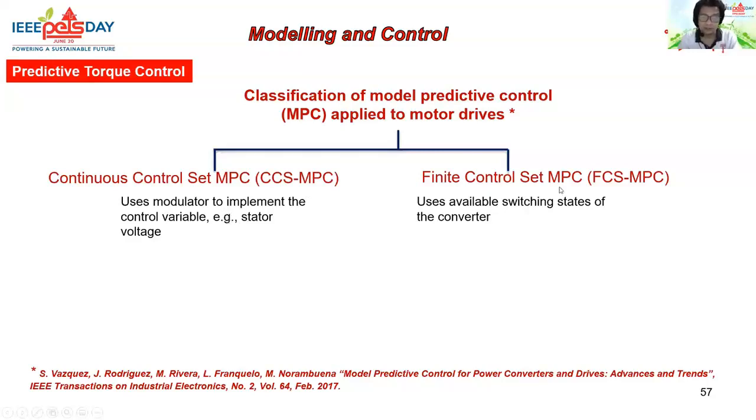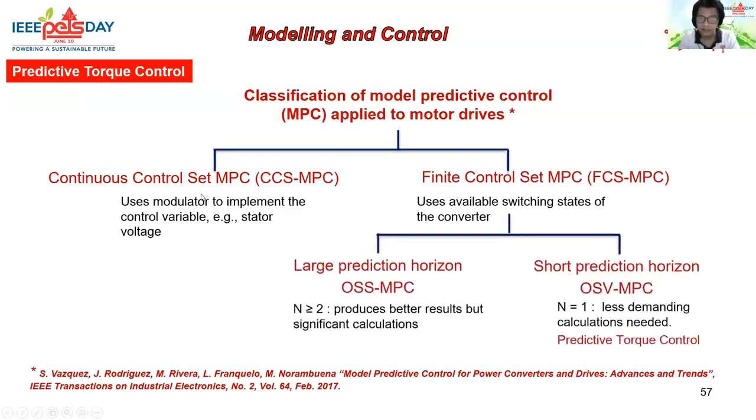Later, Rodriguez introduced what he called the finite control set MPC, or FCS, in which the modulator is not needed at all. The implementation of MPC is very much simplified compared to the continuous control set CCS MPC, which is shown here.